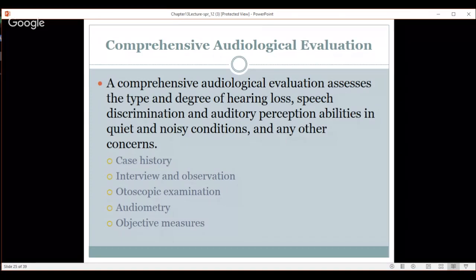Then the next part of the audiological evaluation would be audiometry. It's also called pure tone testing.